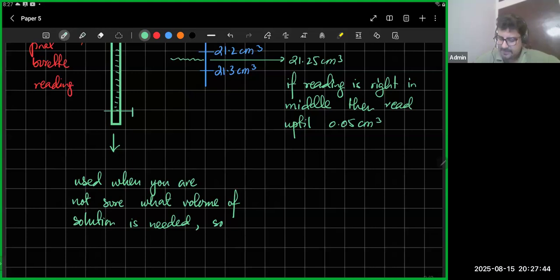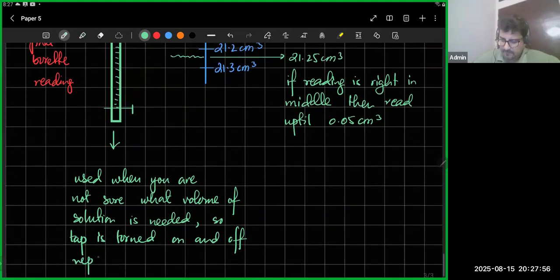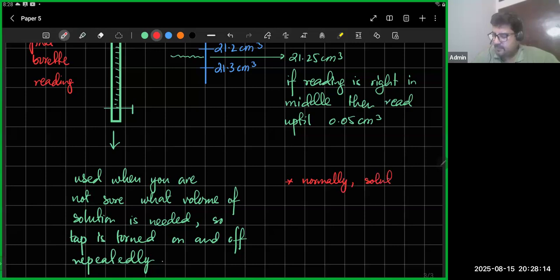So the tap is turned on and off repeatedly, and normally the solution is poured dropwise close to the endpoint.